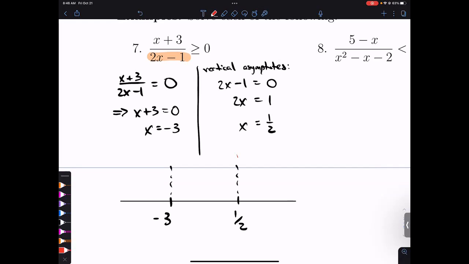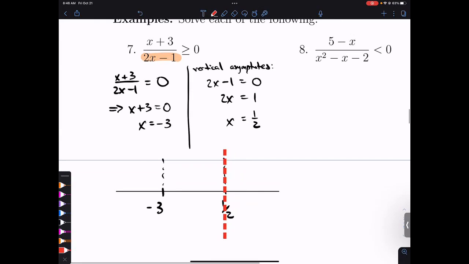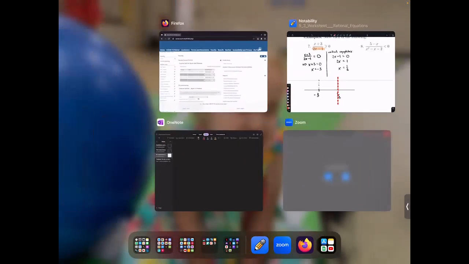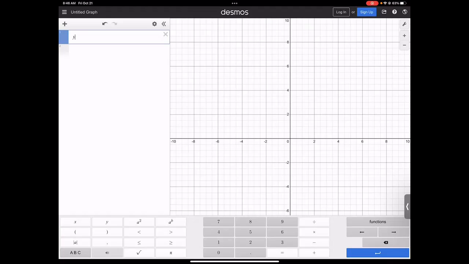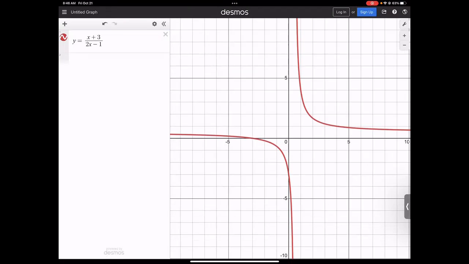At 1/2, there's a vertical asymptote. At -3, there's a 0. Then again, you can test this either with a graph, right? So I could graph y equals x plus 3 over 2x minus 1. So I can graph it that way.